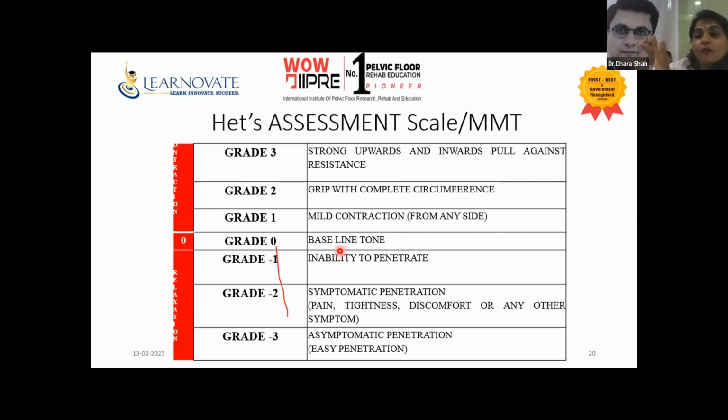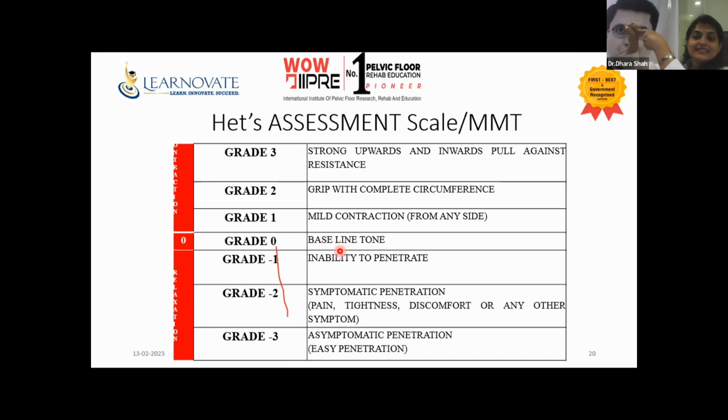From the baseline tone, if a female comes and you do her examination, or she is self-examining, when she tries to penetrate and you are unable to penetrate, or she could not penetrate inside because of pain, because of fear, because of tightness, because of spasm, that is inability to penetrate.